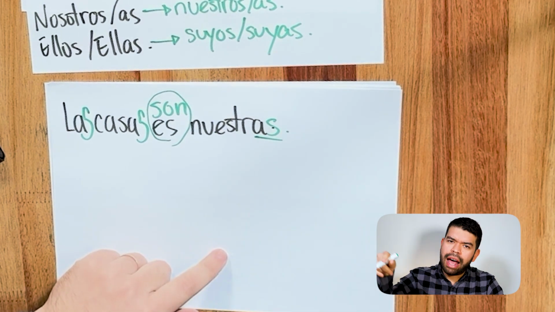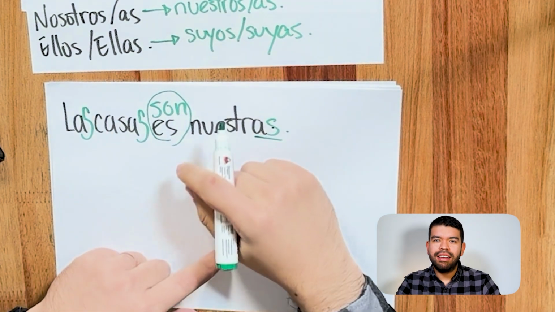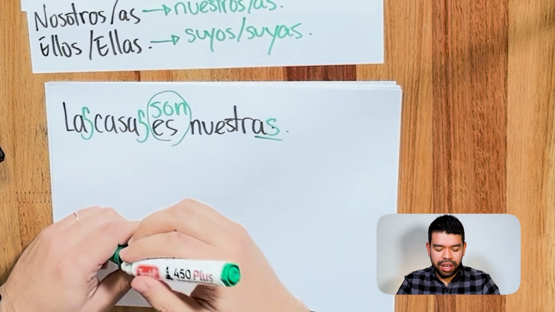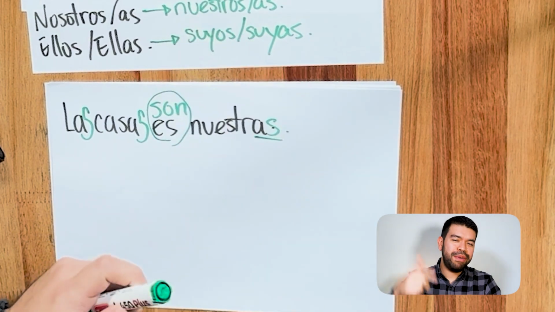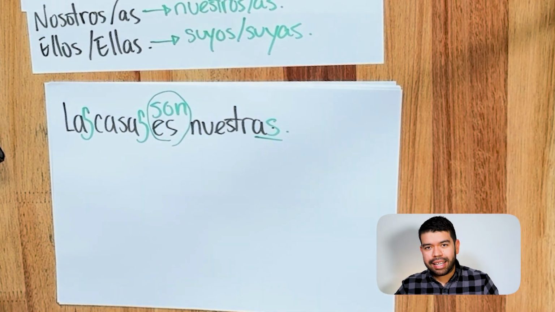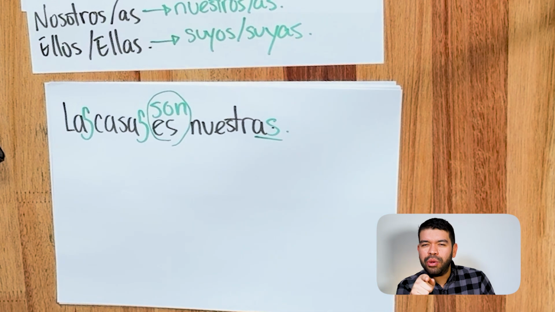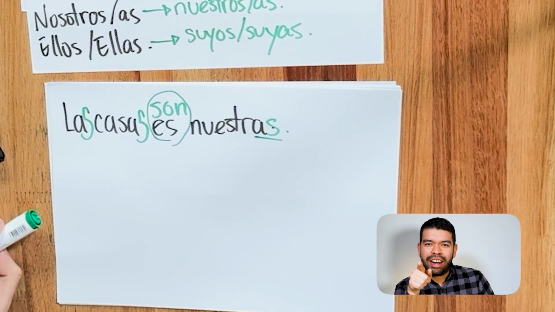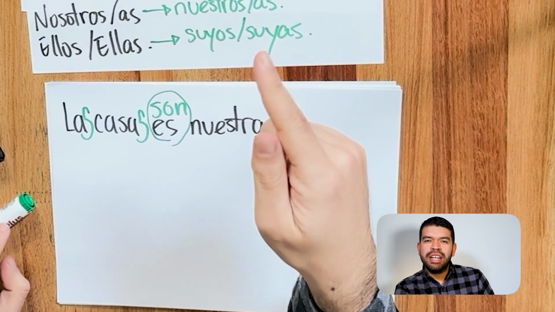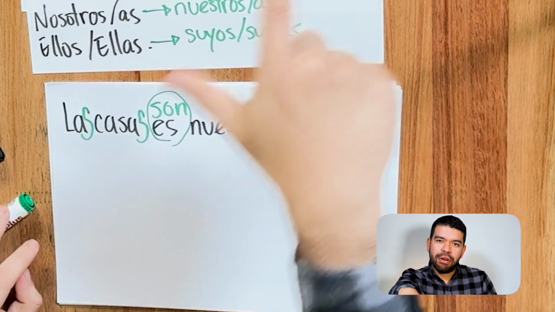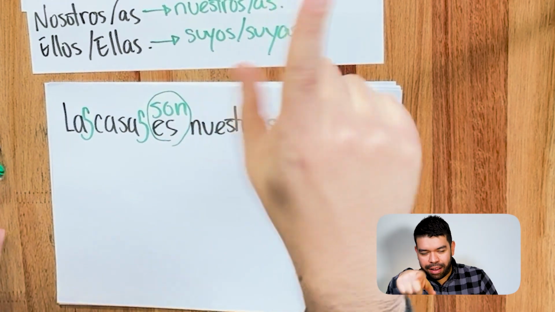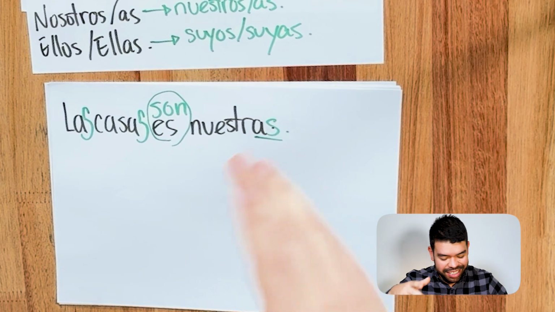La casa, the house, es mía. You want to highlight this. It's not as simple as the previous one. Esta es mi casa. This is my house. Este es mi trabajo. That's my job. No. You're probably having an argument here. Hey, el trabajo es mío. That's my job. You're not taking it from me.